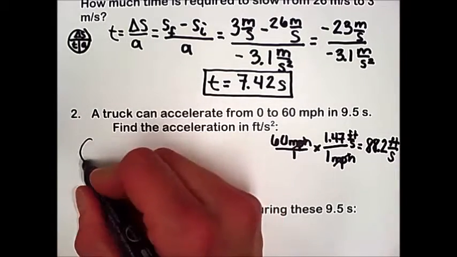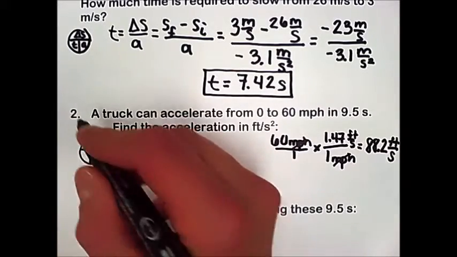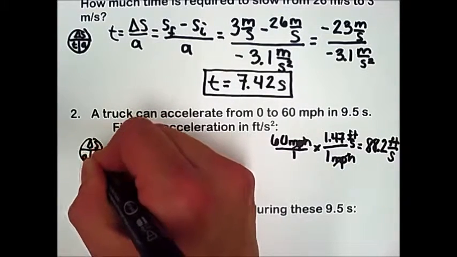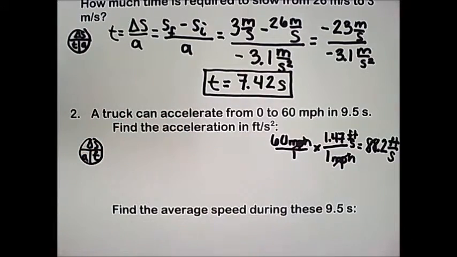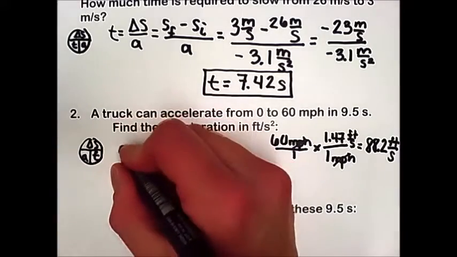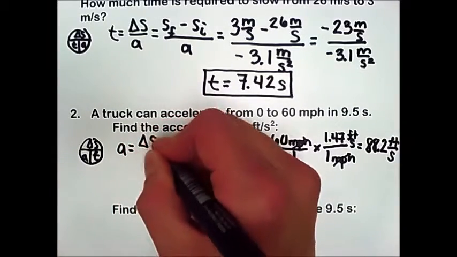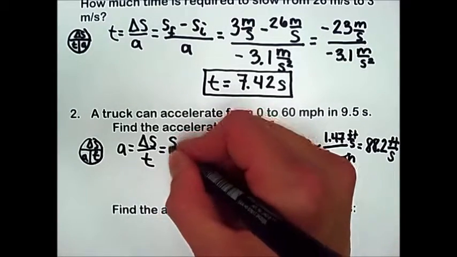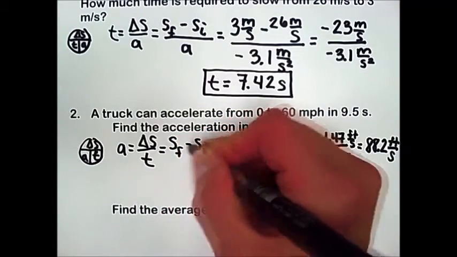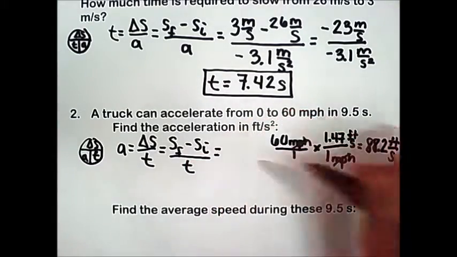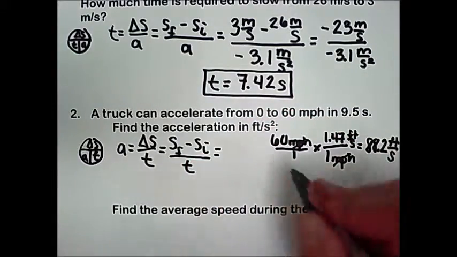So again, we're going to look at our formula wheel for change in speed, acceleration, and time. So now we're trying to find acceleration. So acceleration is equal to our change in speed divided by time. So again, change in speed is final speed minus initial speed. So in this problem, our final speed is the 88.2 feet per second.